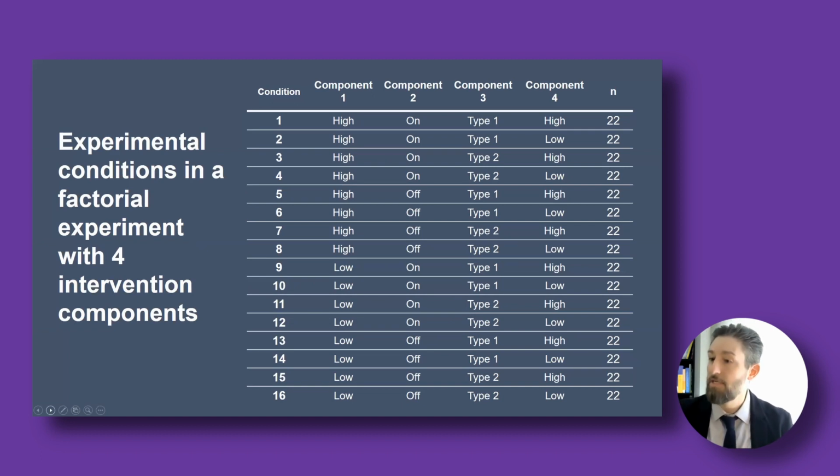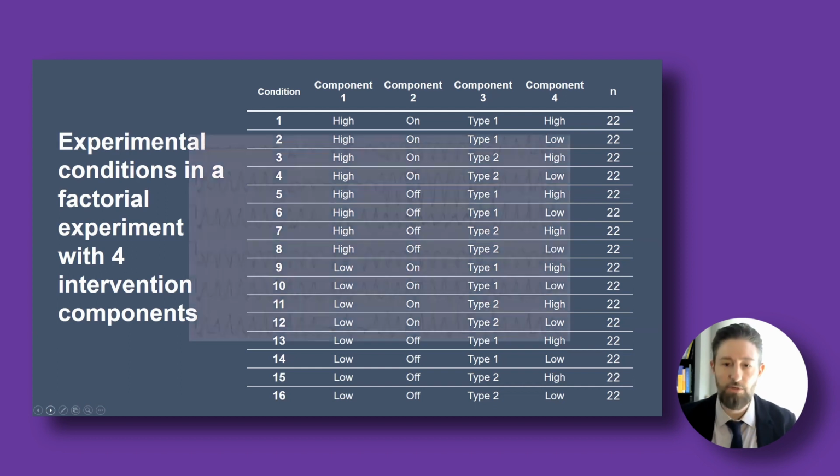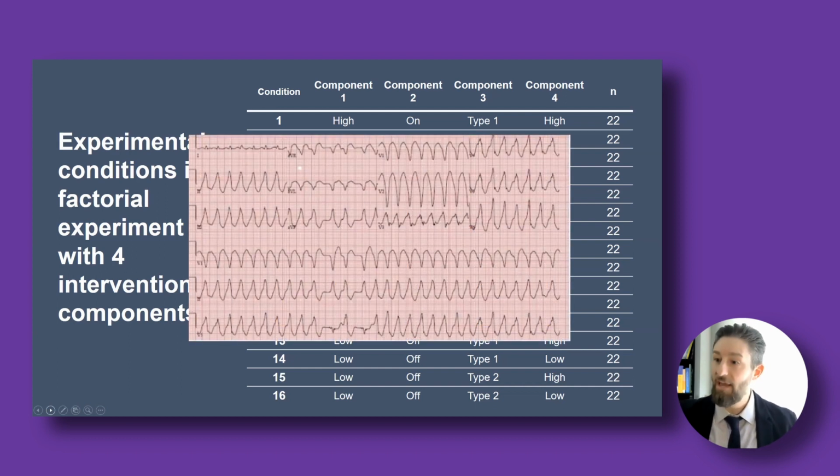Often when I give presentations on factorial trial design, I do a bunch of intro, and then I jump to the traditional table that offers the schema of this type of trial design, where you have the conditions on the left and the components across the top, and a sample size. And it's usually at this point when I look across the room and see people panicking.